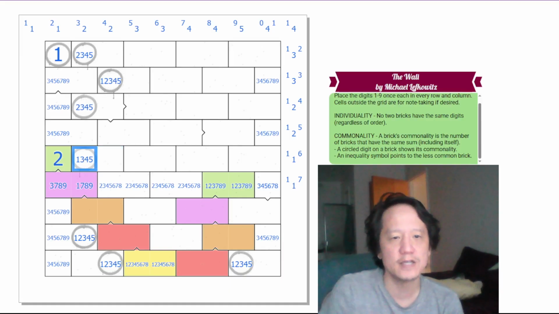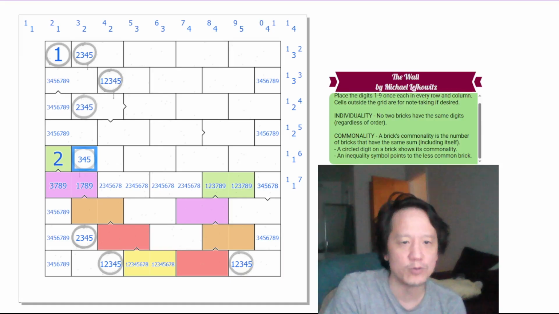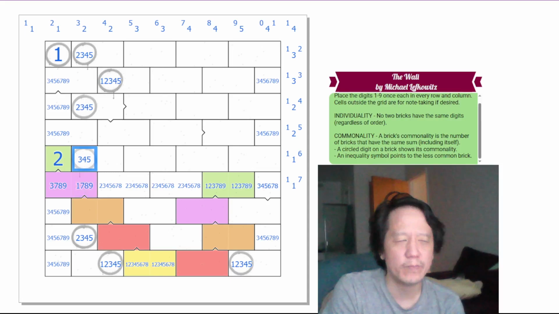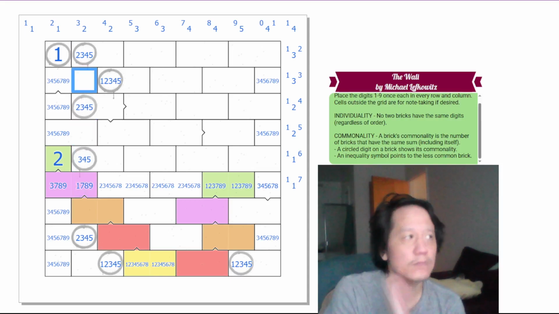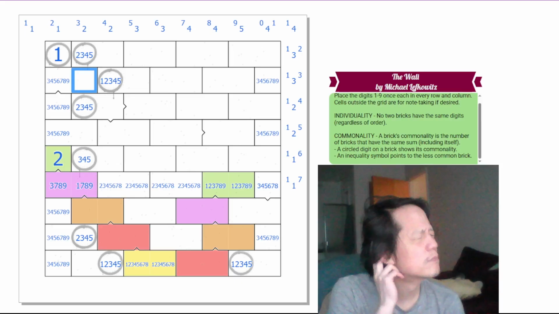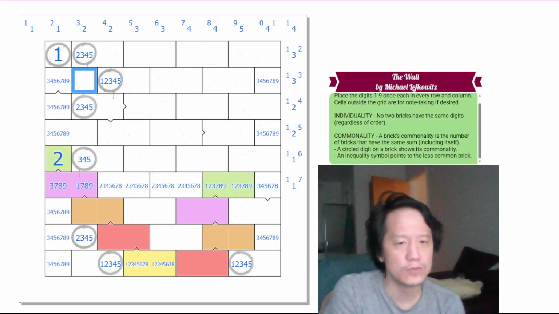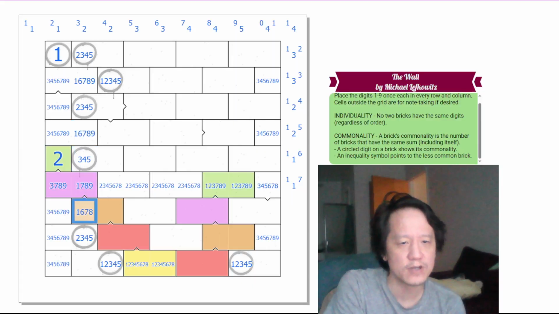So this can never be 1. This can never be 1. This is a 2, 3, 4, 5 quadruplet, then, in column 2. That leaves this as 1, 6, 7, 8, and 9 in the rest of the column.